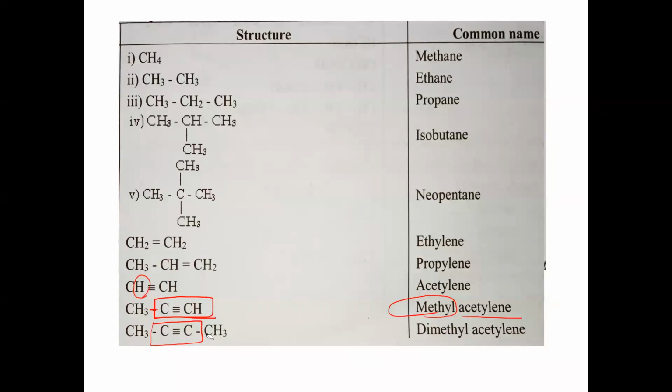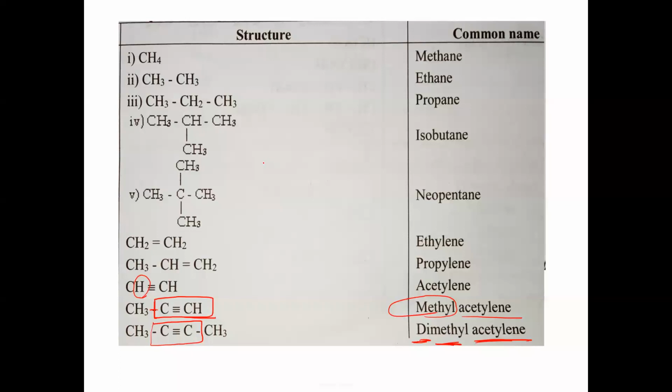So it has two methyl groups in the acetylene molecule. So we say dimethyl acetylene. In this way, the derivatives of acetylene are called alkynes.